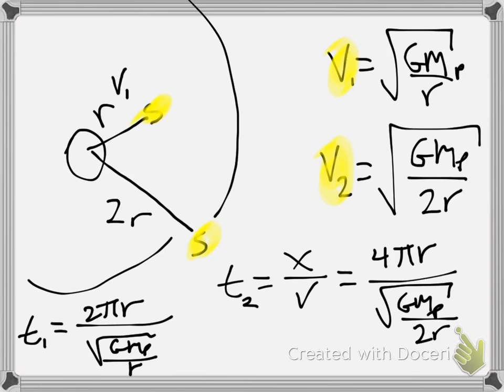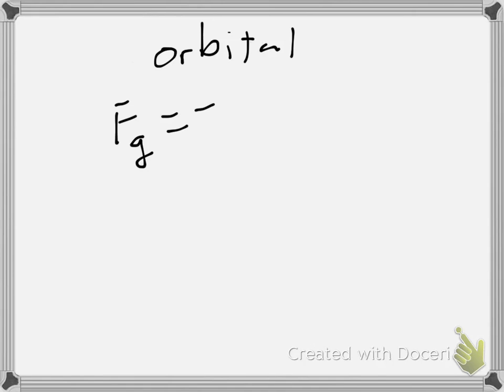Okay, yeah, so does everyone see what we did? How did we come up with this? Just as an aside, we came up with that orbital velocity. Okay, let me erase that. The orbital velocity came from saying that the force of gravity is going to be equal to the centripetal force on that satellite.